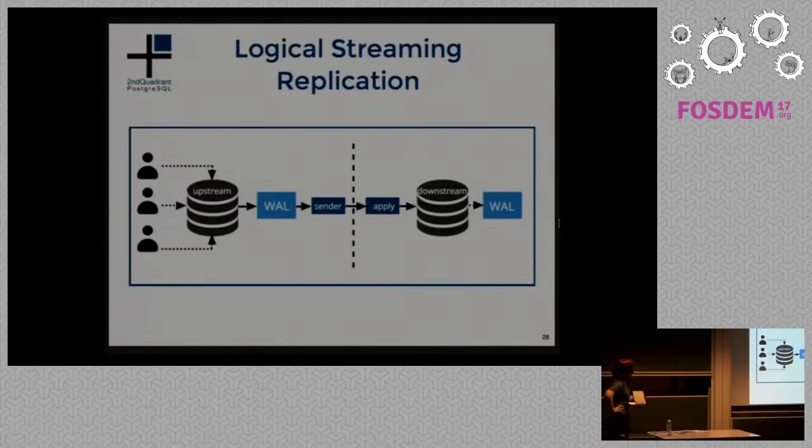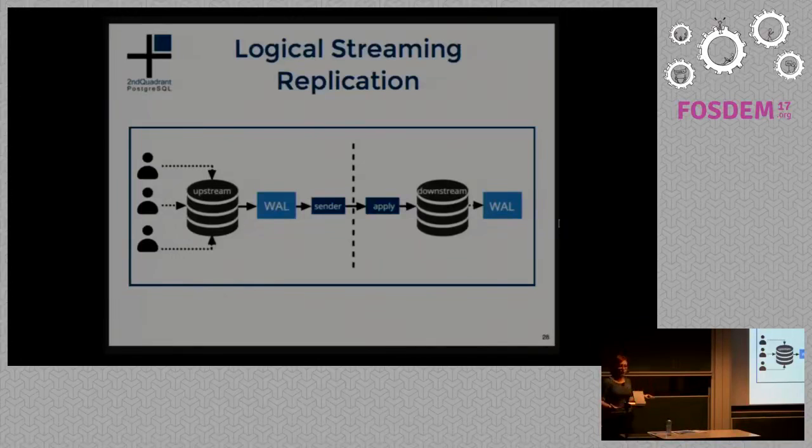As you can see, in physical streaming replication we were using the WAL sender and WAL apply processes. We still use the same protocol, but we do logical replication now. It is currently available as extensions: pglogical and Postgres-BDR. We will have a small talk about them as well.